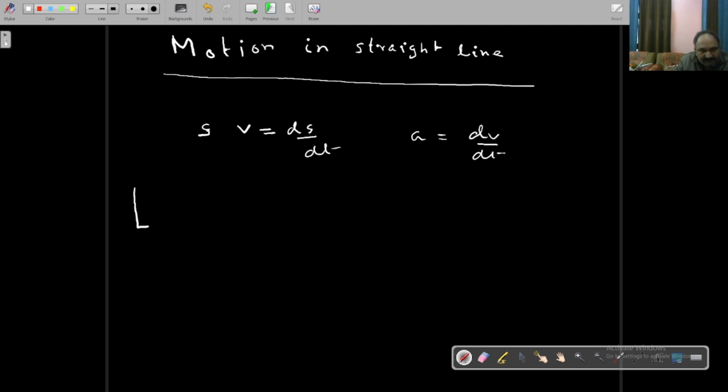Because the coordinate is there, this is the y-axis, this is the x-axis, positive x-axis. You will assume that the particle is moving in a single straight line. So the positive x direction may be treated as the direction where the particle is tracing the straight line.